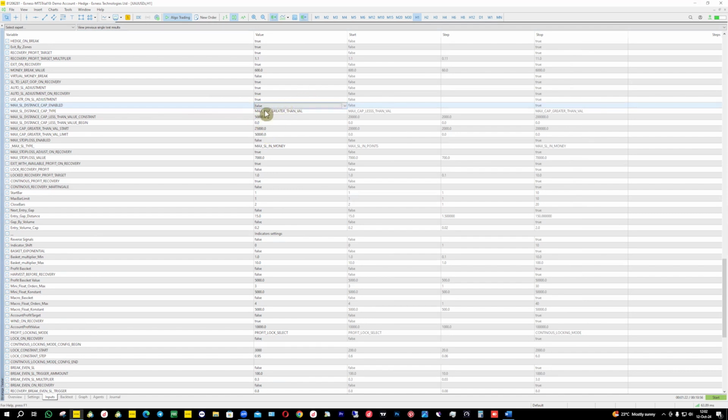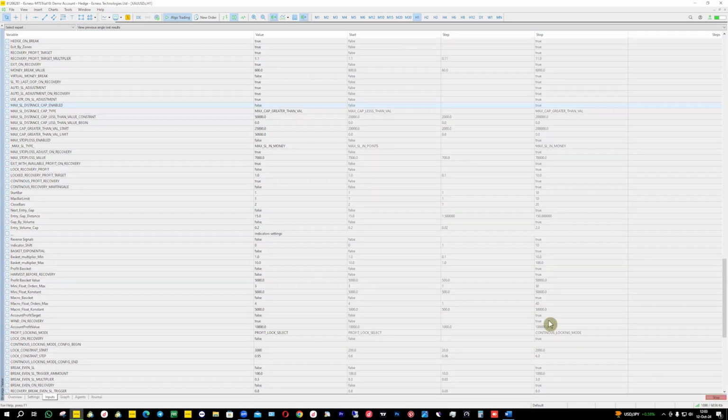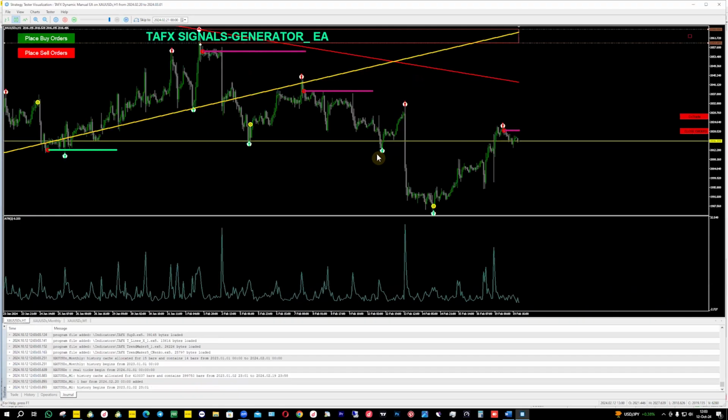So we are disabling this max cap because we don't want to get the signal after the break of structure or whatever. We want to enter the market earlier. Are you getting the point? We want to get into the market earlier. And remember, the earlier we get in, the earlier we exit. So let's start. All right. And now let me pause there.